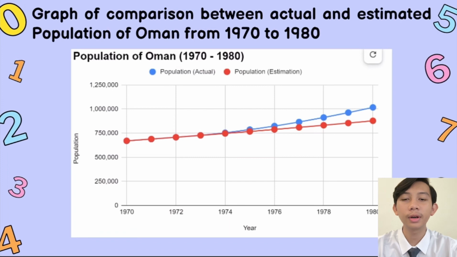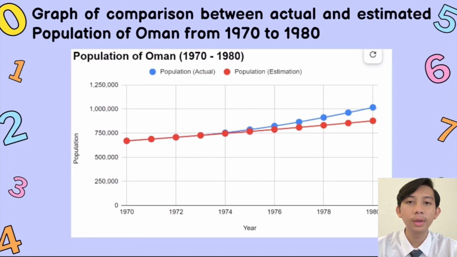And this is our graph of comparison between the actual and estimated population of Oman. As we can see from the graph, it reveals a steady increase in the population of Oman over the years, and it is proven that our particular solution closely approximates the real population data.